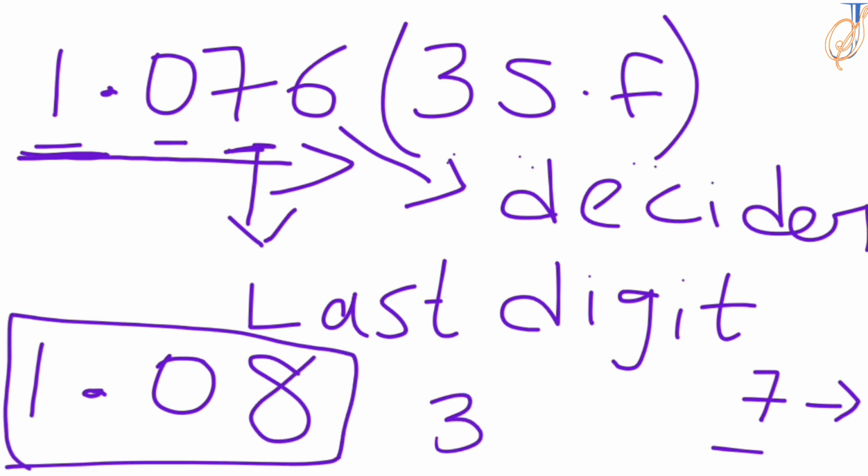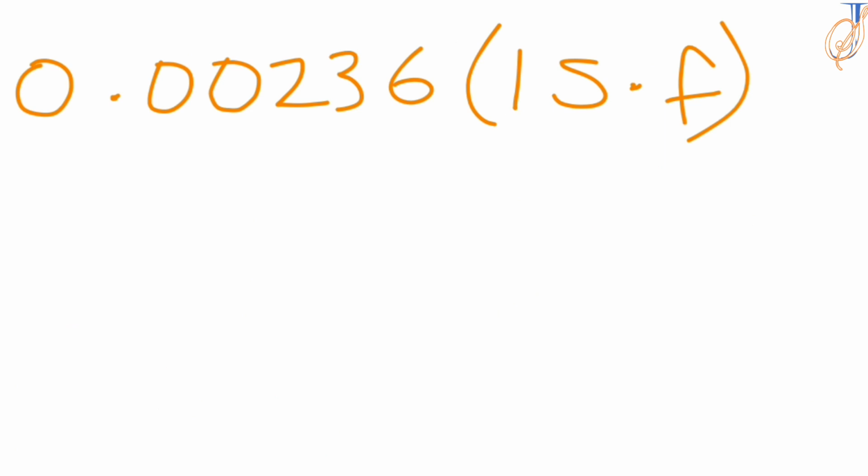3 significant figures. In this problem, you have leading zeros. In front of a non-zero, you can call these zeros leading zeros. So the question is 0.00236, one significant figure. Where you start to count the significant figures, leading zeros are not significant, so you should not count the leading zeros.